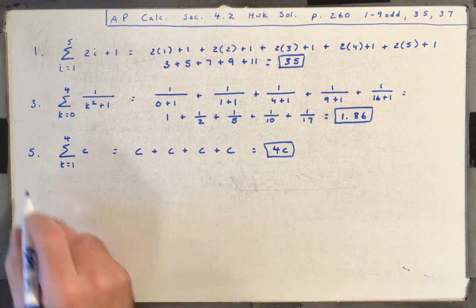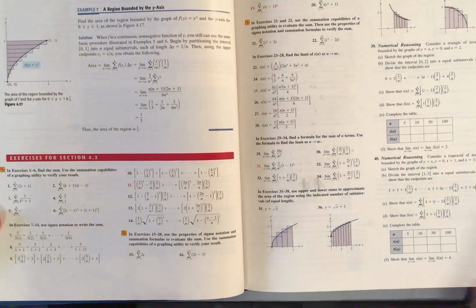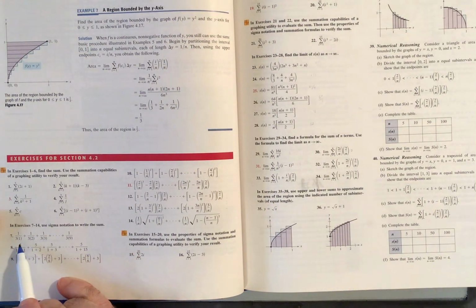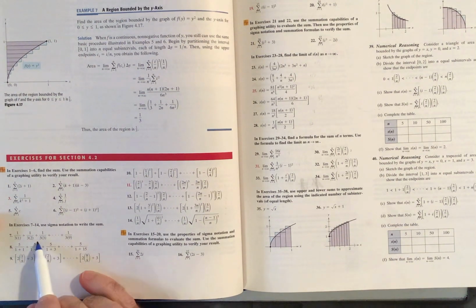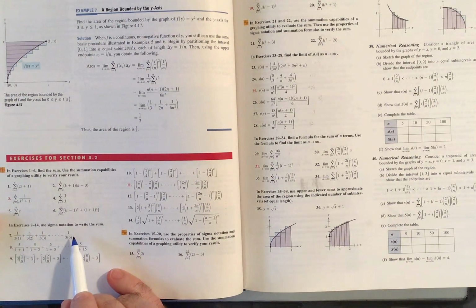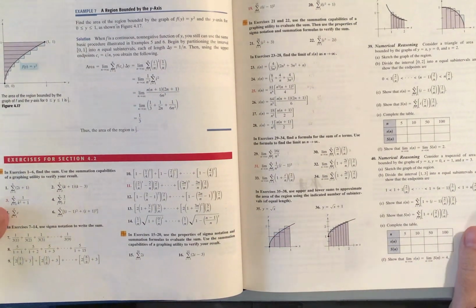All right, number 7, I'm going to put that into view here so that I don't have to rewrite all that. But we want to come up with the sigma notation of 1 over 3 times 1 plus 1 over 3 times 2 plus 1 over 3 times 3, all the way to 1 over 3 times 9.